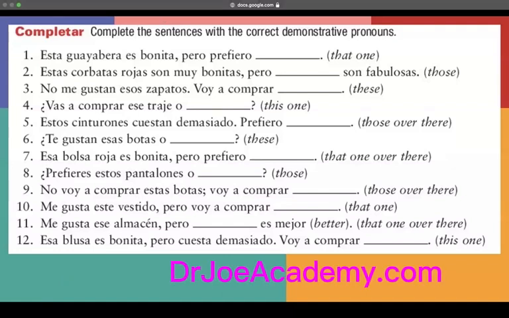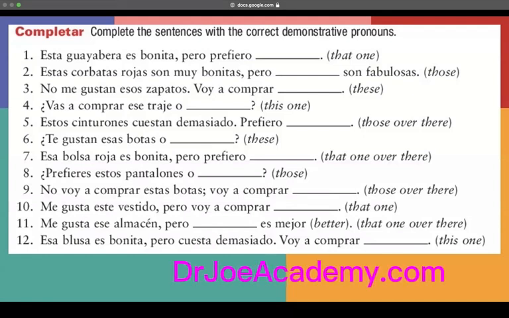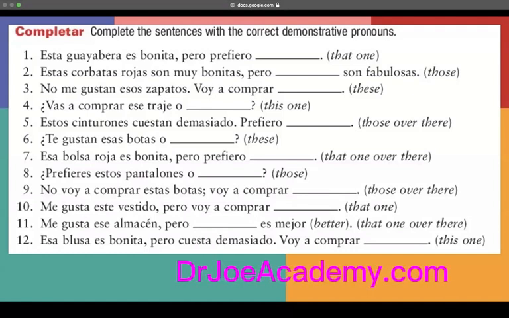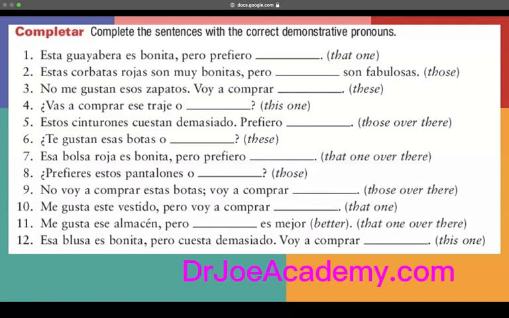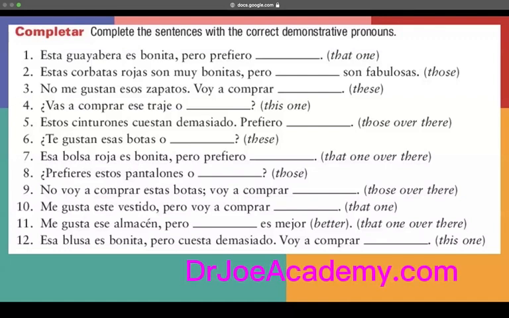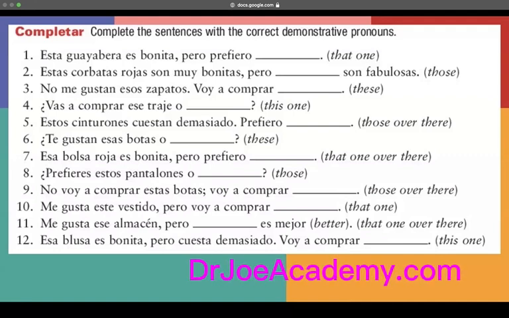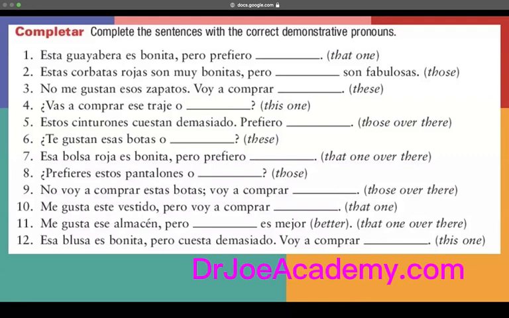So what have you found, Anna? Not sure? What have you found in your notes, Anna?